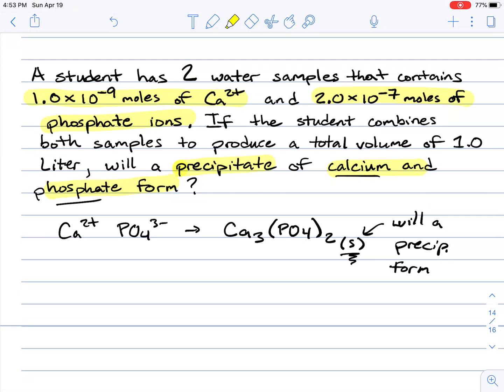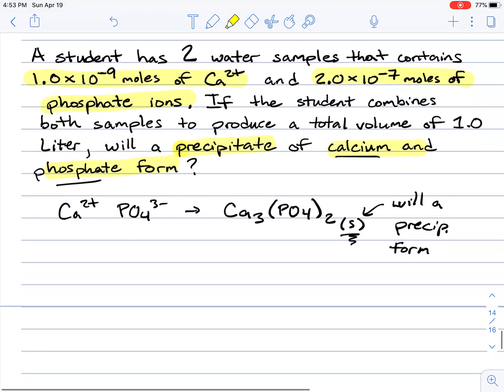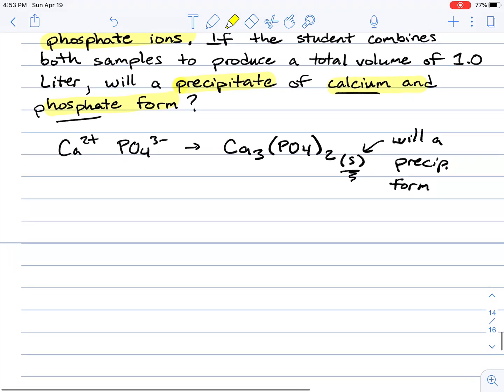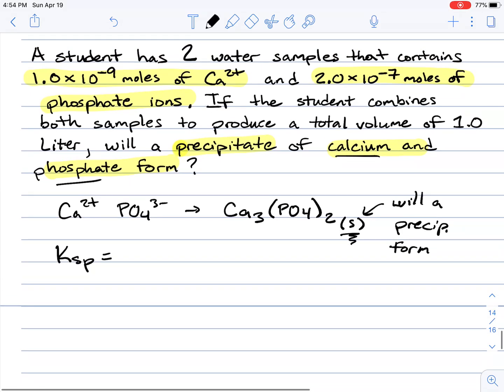So now that we've determined the chemical formula, we're going to have to look up the Ksp. And so the Ksp can be determined from a reference chart, and I'll make sure to post a document that summarizes the Ksp for most of these slightly soluble, mostly insoluble substances.